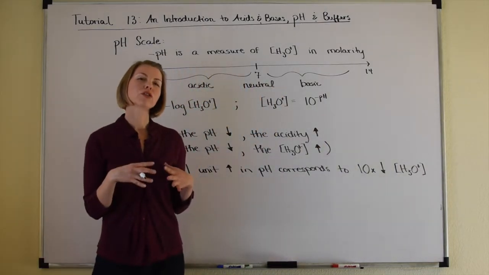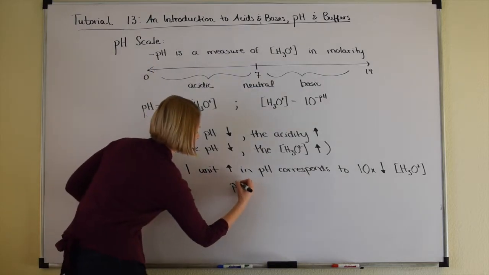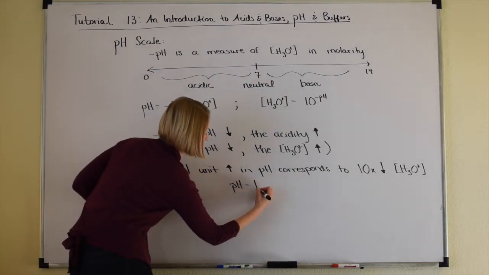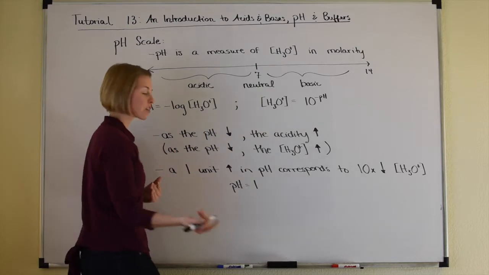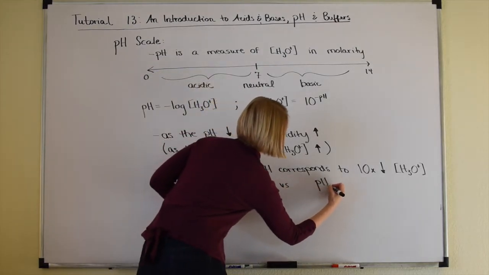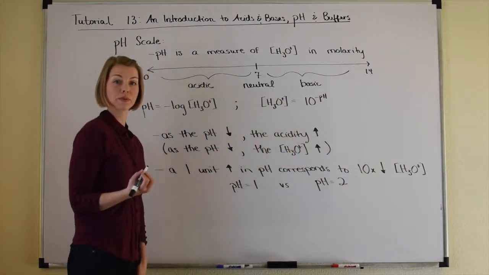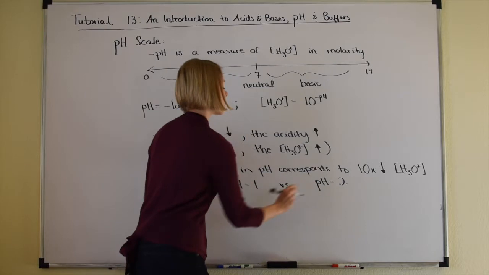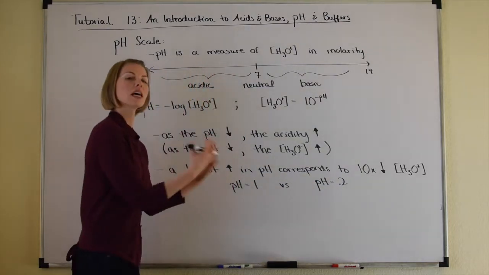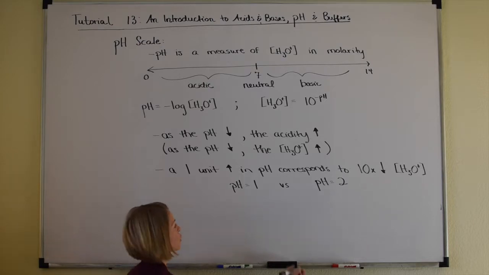So if we have two solutions, let's say one solution has a pH equal to 1, and we're going to compare that to another solution that has a pH 1 unit higher, a pH of 2. So 1 unit increase in pH. Let's take a look at the hydronium ion concentration for those two solutions.